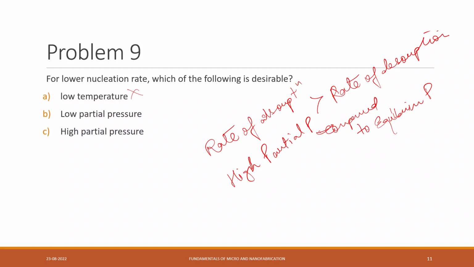This condition gives rise to supersaturation, and supersaturation is something that favors nucleation. So for lowering the nucleation rate, we need to go in reverse. If high partial pressure is giving rise to more supersaturation, then lower partial pressure would be very favorable for getting a lower nucleation rate. So this is the answer.